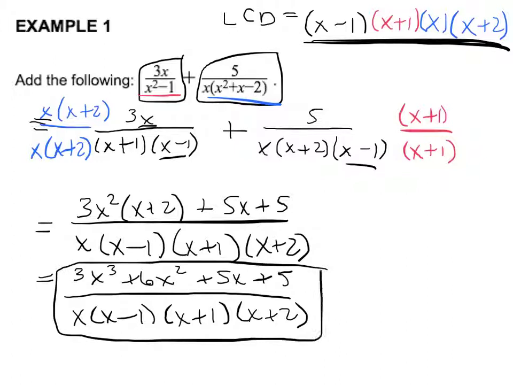And in your homework, you probably won't see something as complex as this. You'll probably see things that are easily factorable, and so you might actually be able to cancel things. But in this case, we're just trying to get you to understand the process of adding two rational expressions that don't have the same denominator.